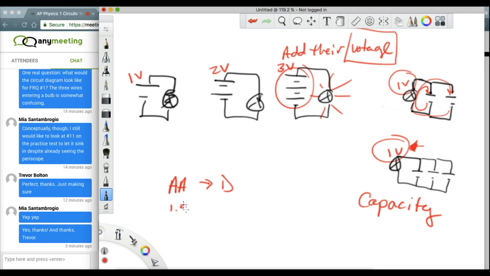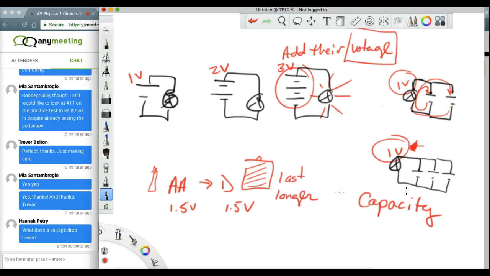They're both 1.5 volts, but the D battery is much larger than the AA battery. Why is the D battery much larger? It's because there's more stuff in it, there's more chemicals. It can last longer. So why would I want to wire batteries in parallel? To make them last longer.